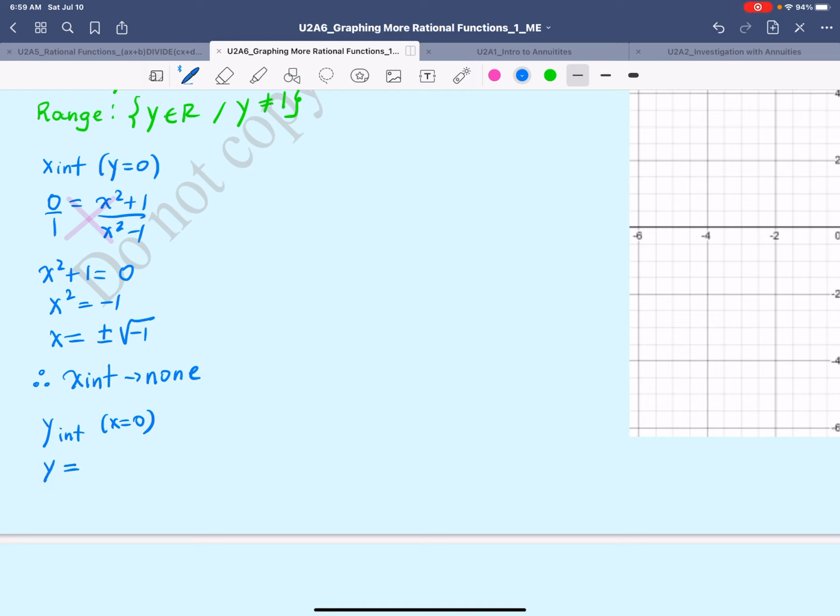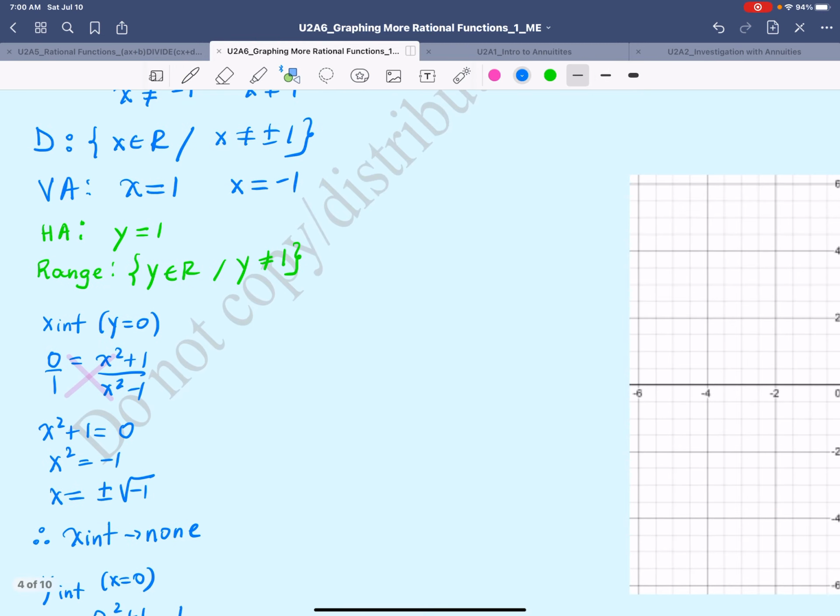We're going to write y equals 0 squared plus 1 over 0 squared minus 1. And that will give 1 over negative 1. So the y-intercept would be at negative 1. So these are our findings so far. We have found the asymptotes, both horizontal and vertical. And we've also found the intercepts, both x and y intercepts.